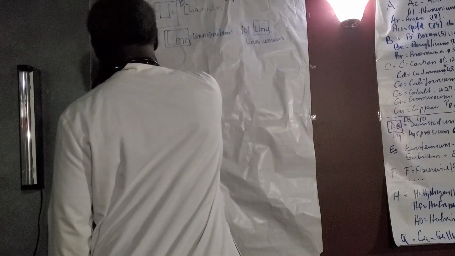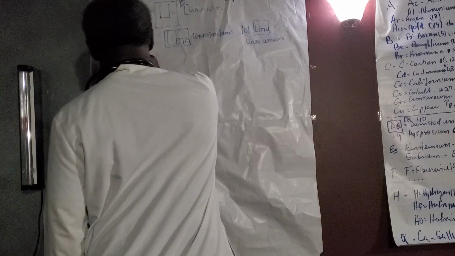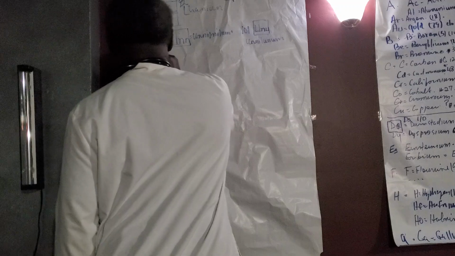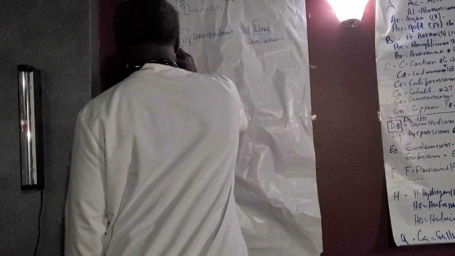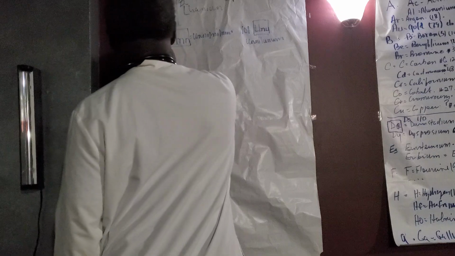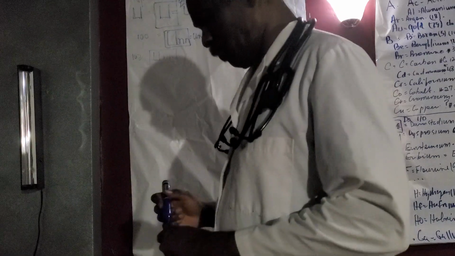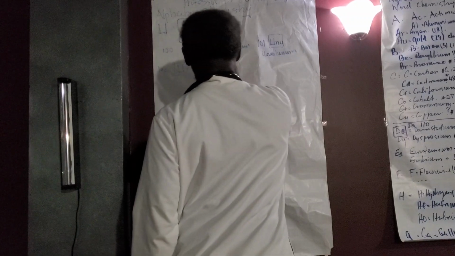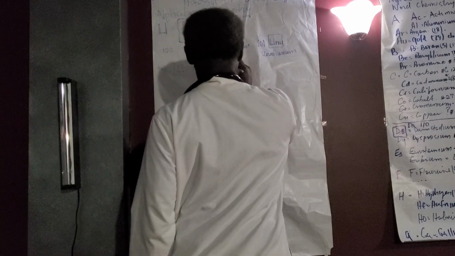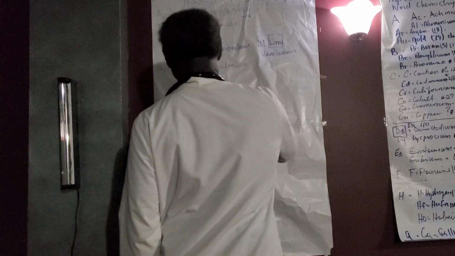So we have 102 as U-N-B, Unnilnilium. My pen is running out of ink here, let's see if we have another. 102.